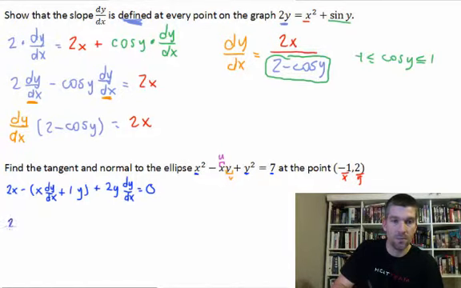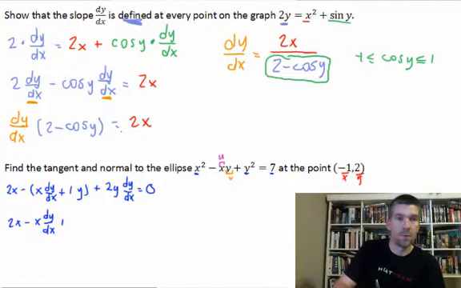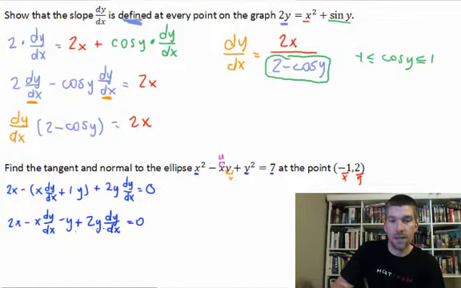So I'm going to end up with 2x minus x dy/dx minus y plus 2y dy/dx equals 0. And I just need the dy/dx's together.